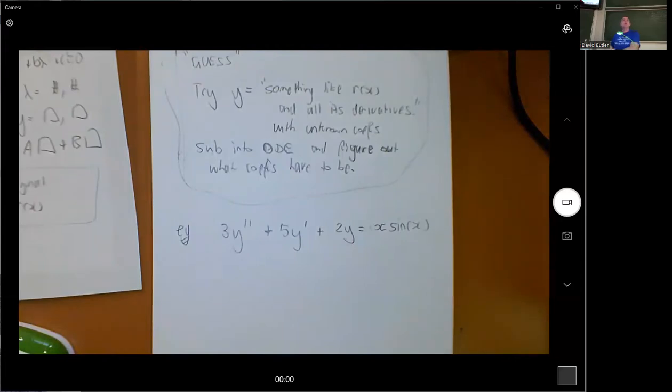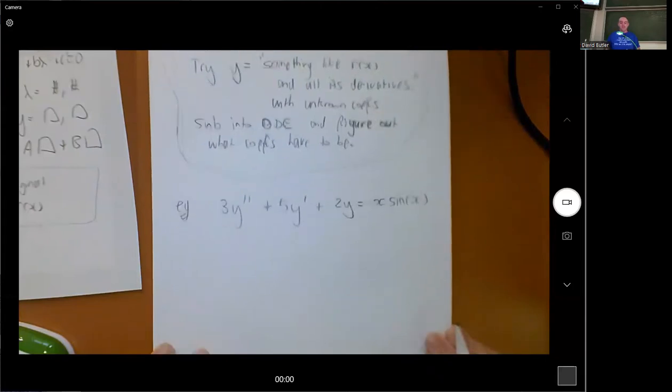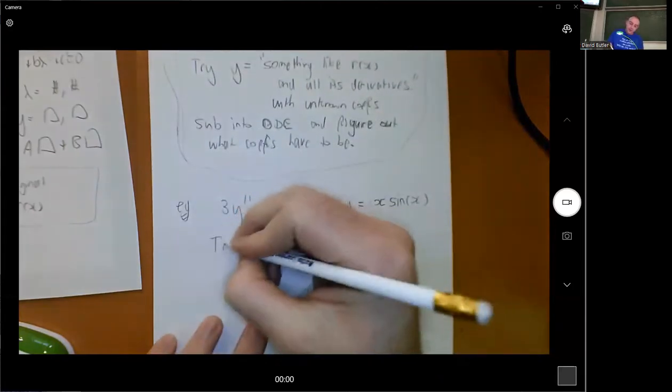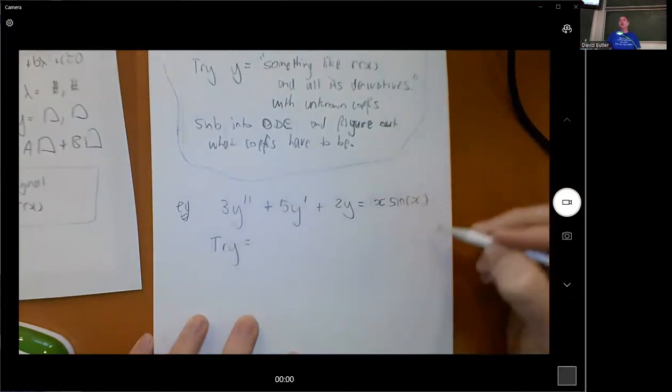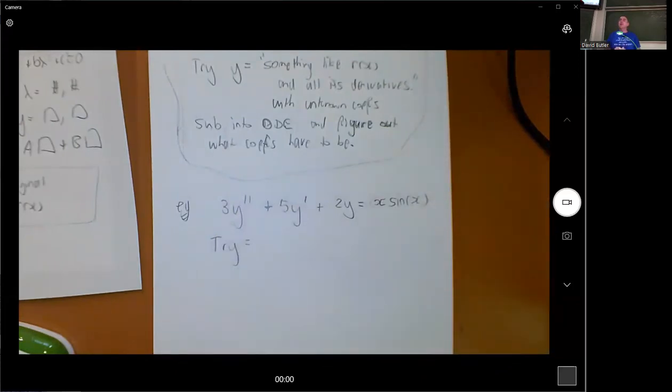So what I'm going to try is this and all its derivatives.